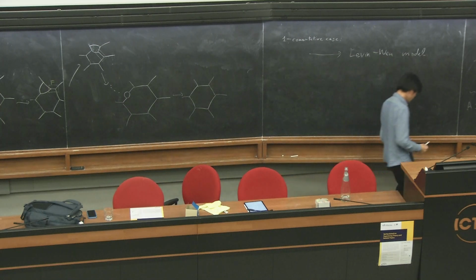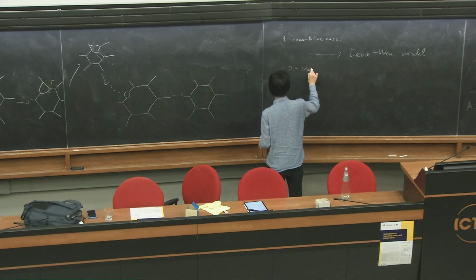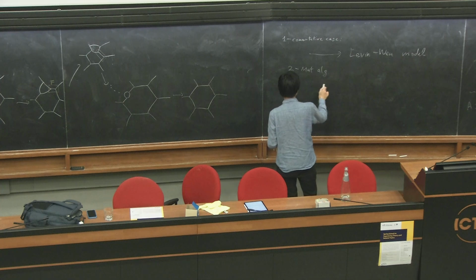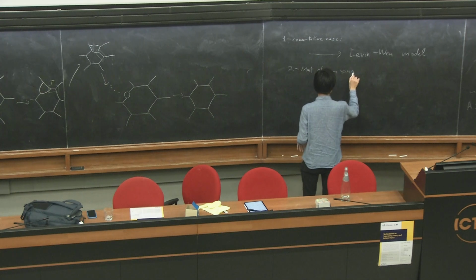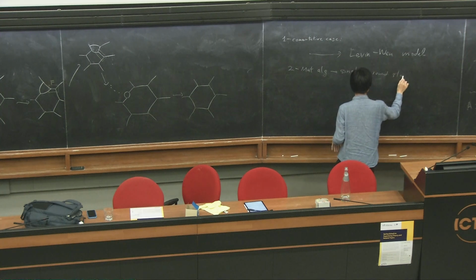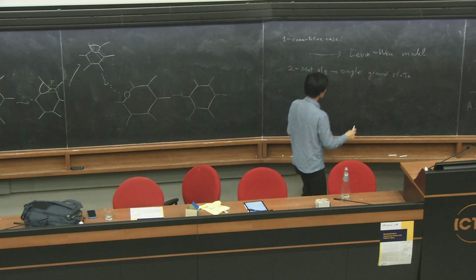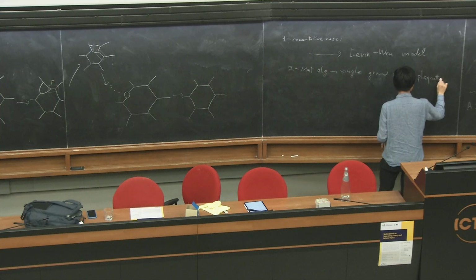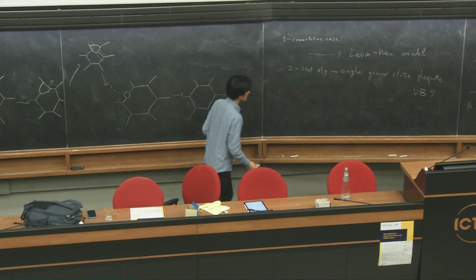Okay, if you apply it to the 2-matrix algebra case, then, well, this is what it is, but the ground state is a single ground state. It looks like a plaquette VBS, valence bond solid state.